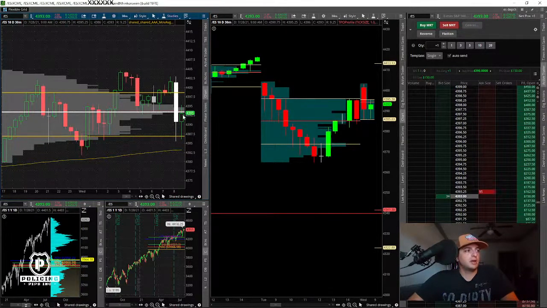Still up. I would like to hold above the point of control. That's going to tell you that we're possibly going to continue back to the upside. And if you do have high hopes, high targets, you can swing it up the whole day and see what happens. Maybe try and close that gap.